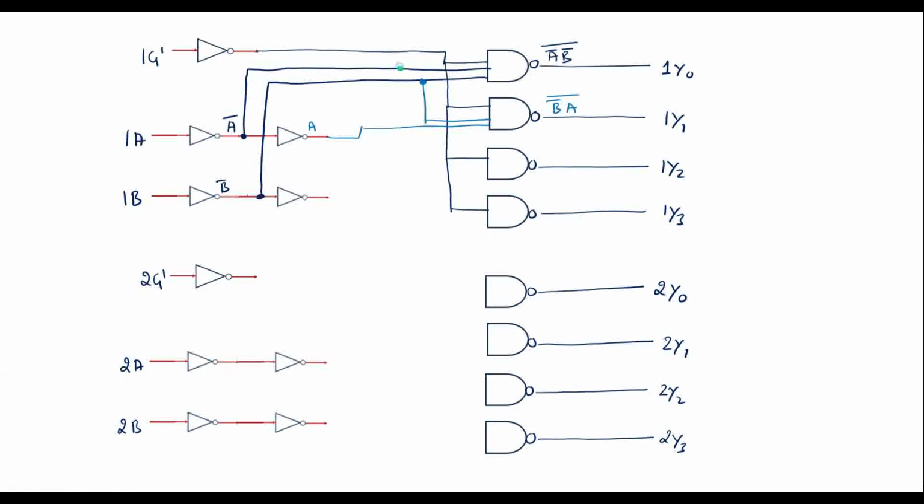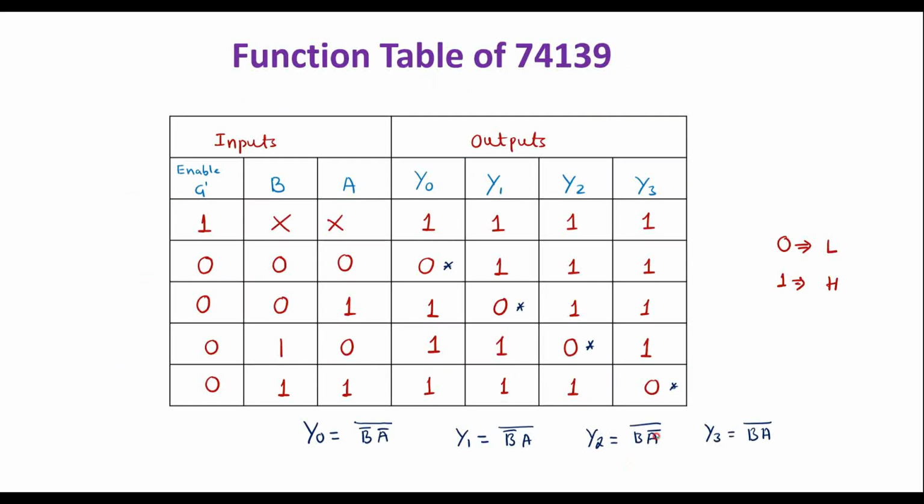Let me take A bar from here. This A bar is connected to here, and we have B. So here B signal is available. Let me connect this B here. So output here is A bar B complement.